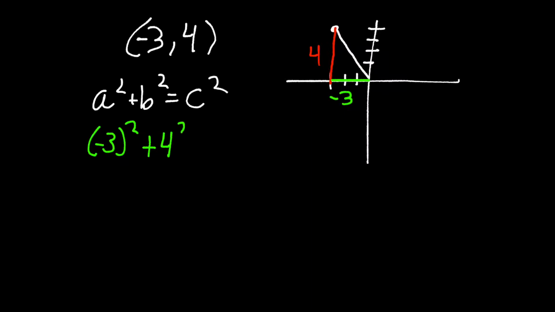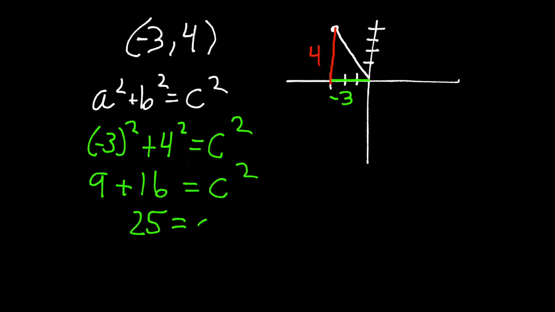Plus 4 squared equals c squared. That's going to give me 9 plus 16 equals c squared. 25 equals c squared. And then take our square roots, and c equals 5. So there is the length of our hypotenuse, 5 units.